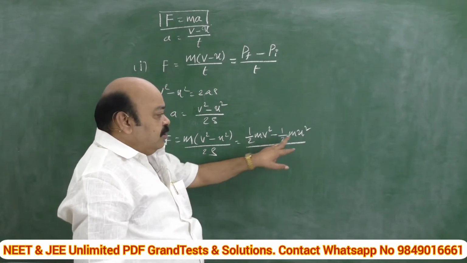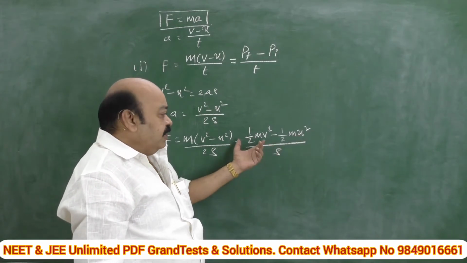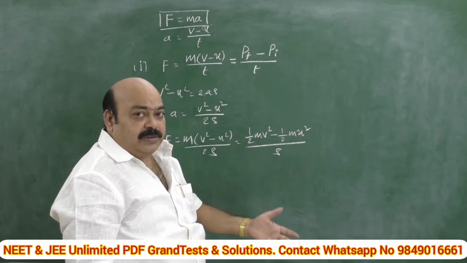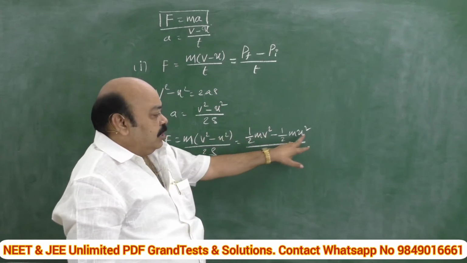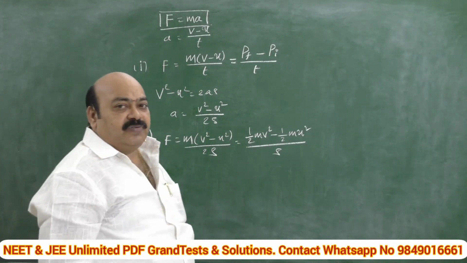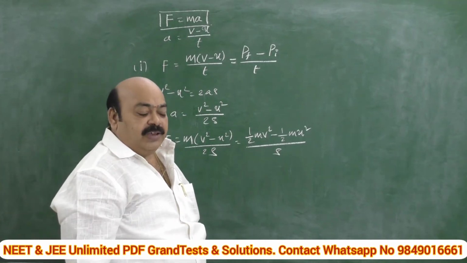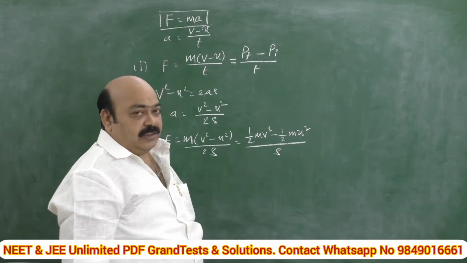Initial velocity is given, mass of the truck is given, and the final velocity, since it comes to rest, becomes 0, hence this term becomes 0. By substituting all these we can calculate the braking force required. The force which causes the vehicle to stop is called braking force.